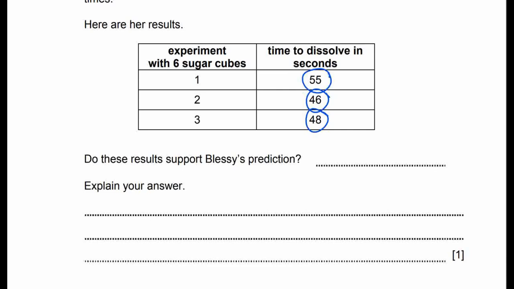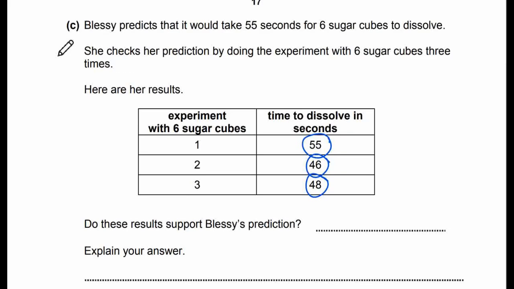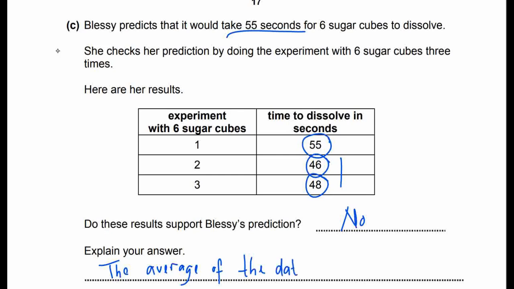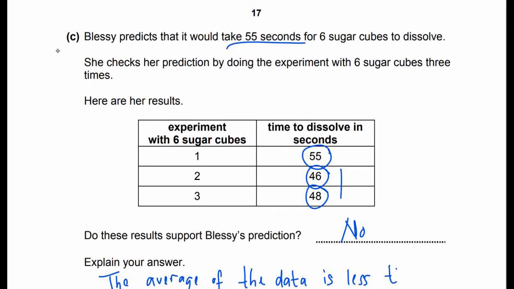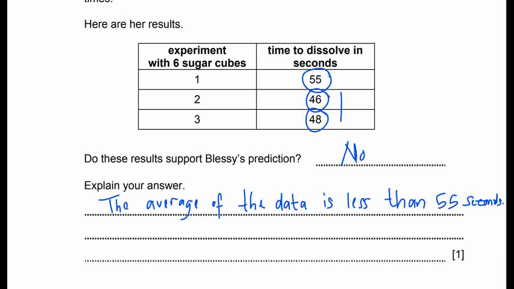Bessie predicted 55, but these other two data are not, and the total average will be less than 55. So the answer is no. Explain your answer: because the average of the data is less than 55 seconds.